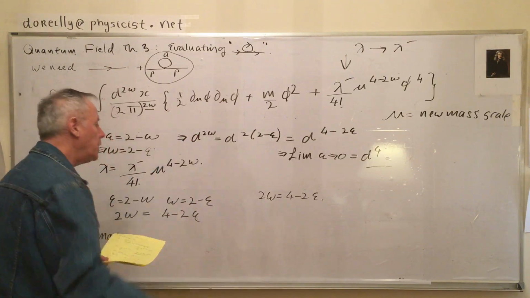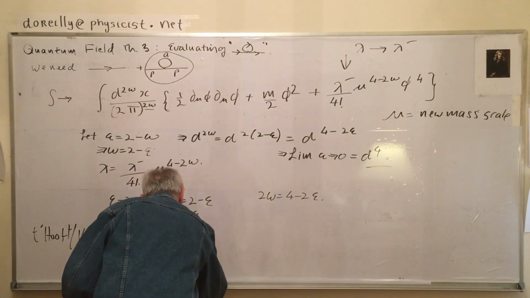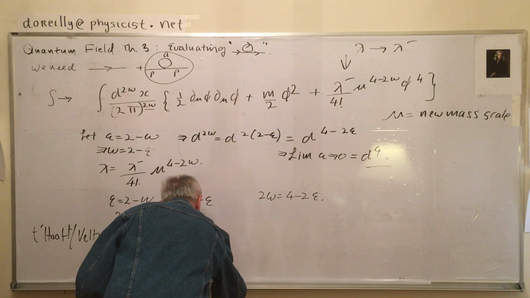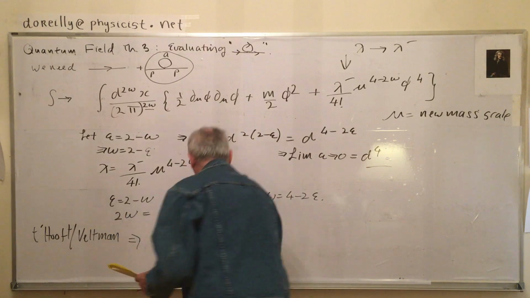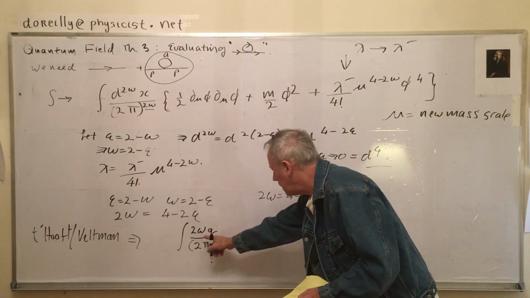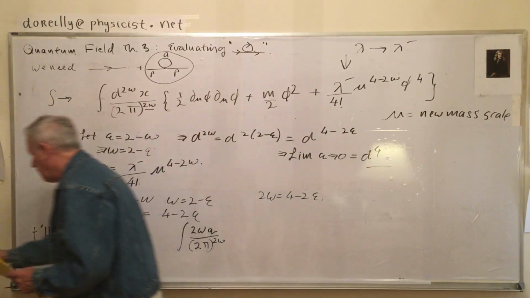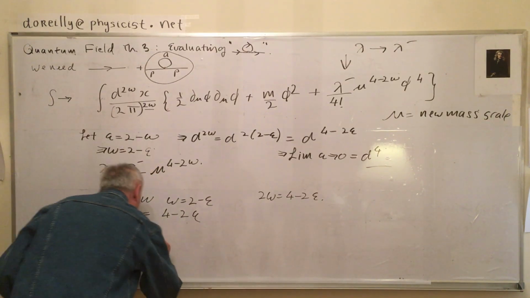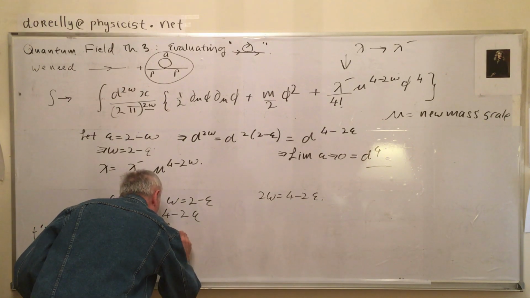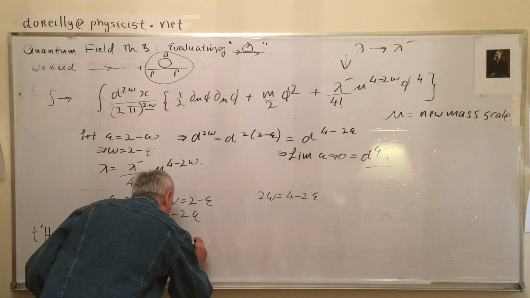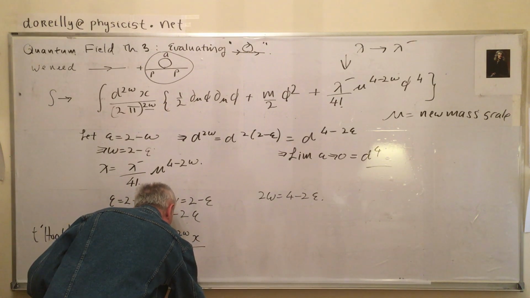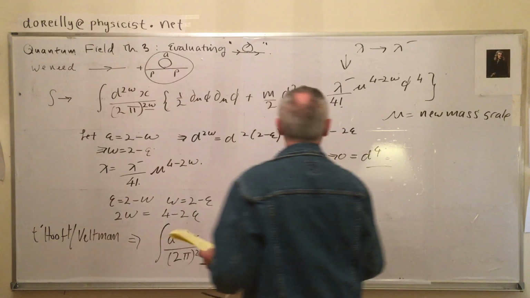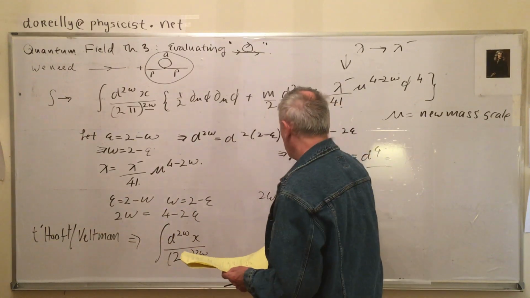And it says that integrating over these 2 omega dimensions, this measure, d to the power of 2 omega q, of the term that appeared in our integral a minute ago.